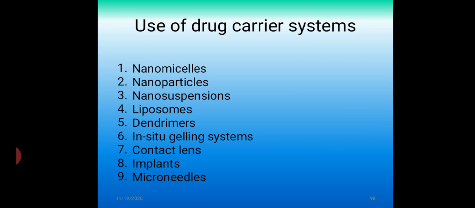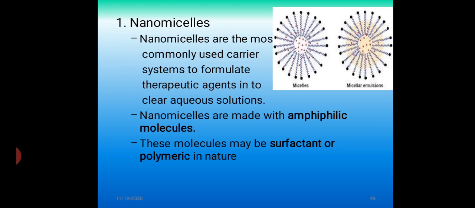The various drug carrier systems used to overcome the barriers are nanomicelles, nanoparticles, nanosuspensions, liposomes, dendrimers, in situ gelling systems, contact lenses, implants, and microneedles. Let us discuss one by one.